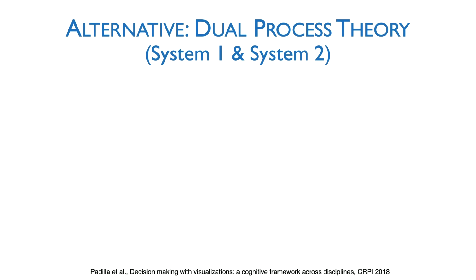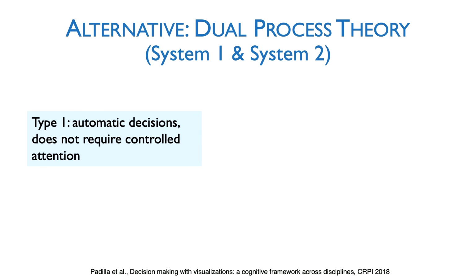Okay, and then a newer theory comes from Padilla et al., which I think is extremely interesting, where they look at dual process theory. So everything has to have a dual in it. But this is the famous Kahneman and Tversky System 1 and System 2 idea, where System 1 or Type 1 reasoning is automatic decisions. It does not require controlled attention.